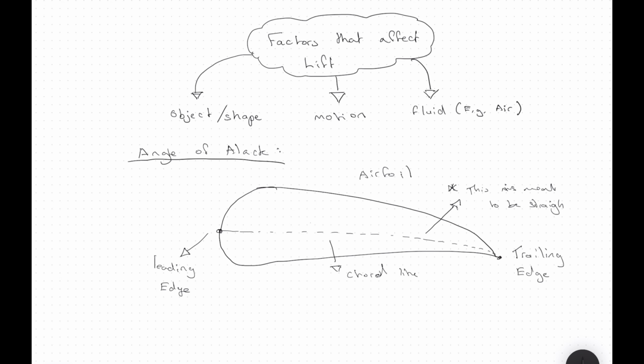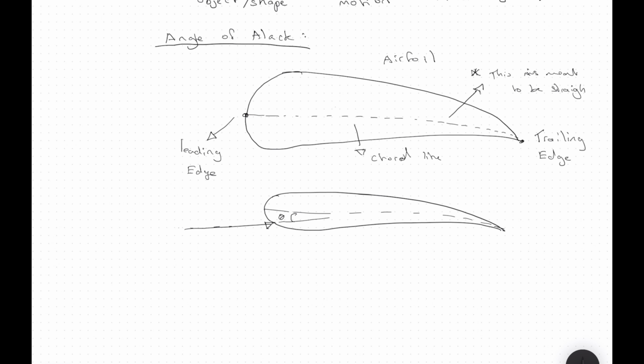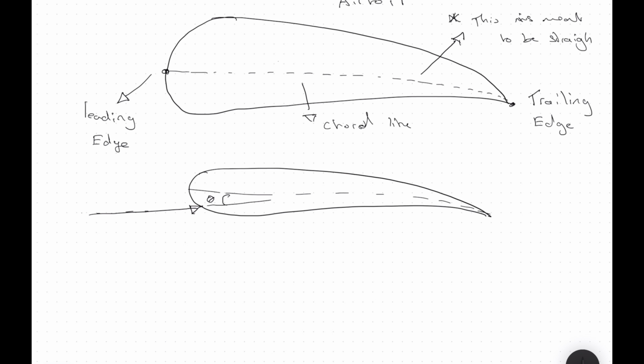And for the angle of attack, let me draw another diagram of an airfoil. Let's assume that this is our chord line and this is our incoming wind. Our angle of attack would be theta. There is a limit to how big the angle of attack can be, and we have something called the critical angle of attack.